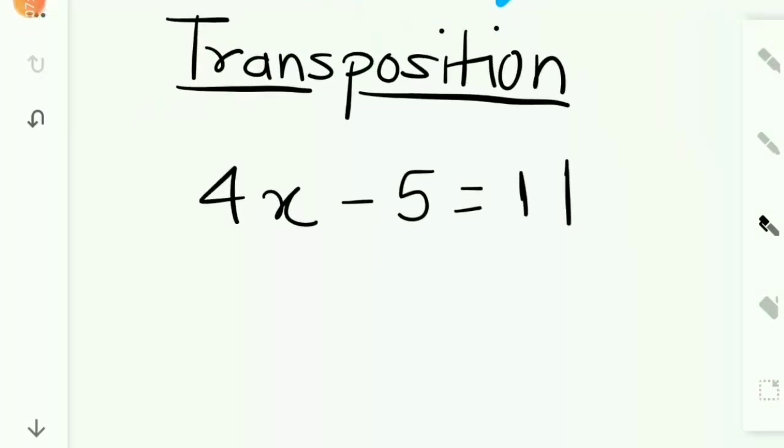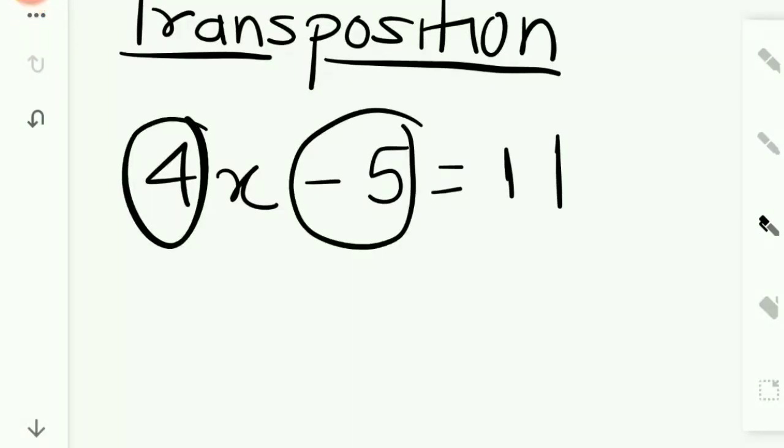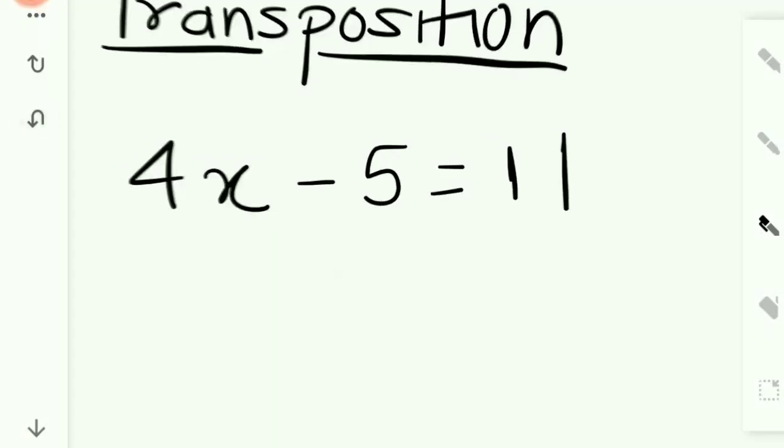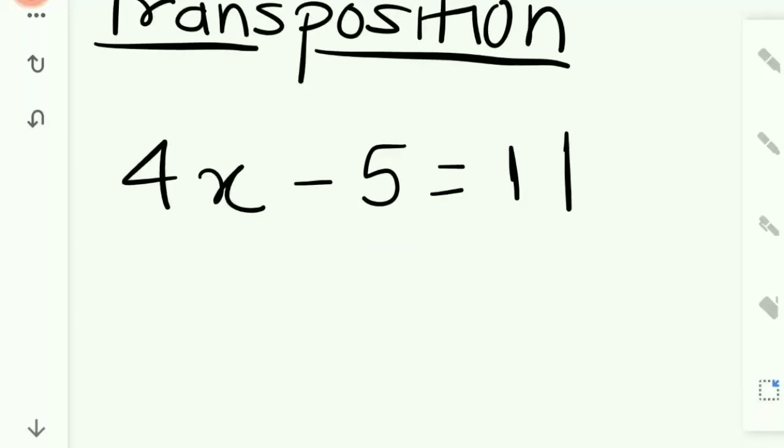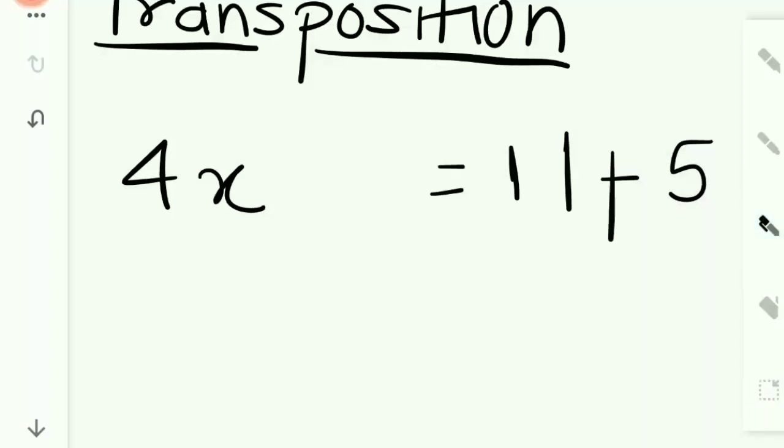Now look at this equation. Here subtraction is present and multiplication is also present. So the first thing that we remove is subtraction. Addition and subtraction, if they are with x, we remove that first. So minus 5 goes to the right hand side and becomes plus 5.